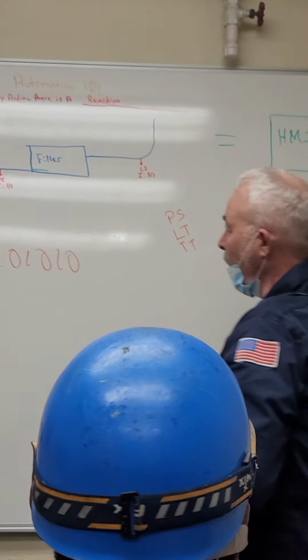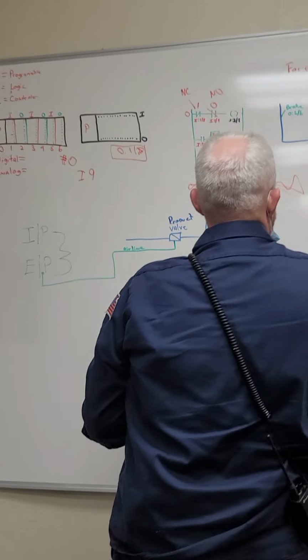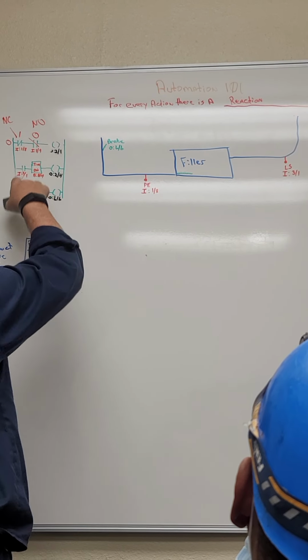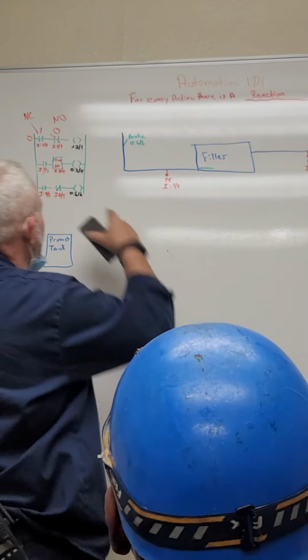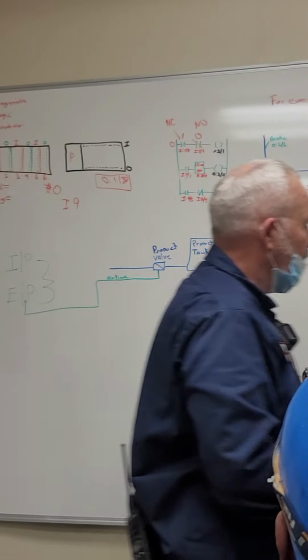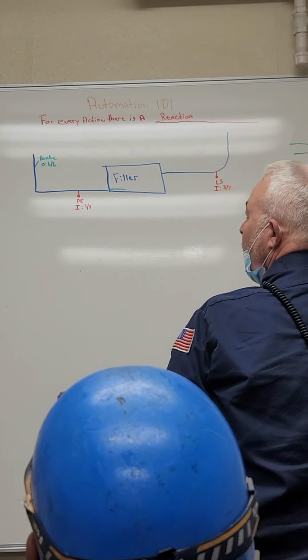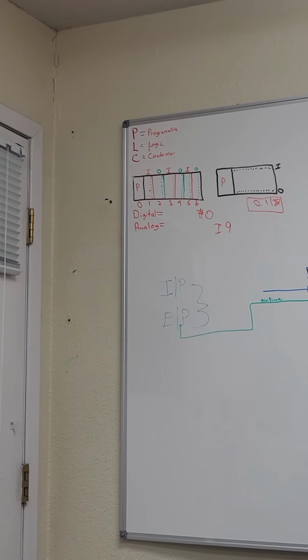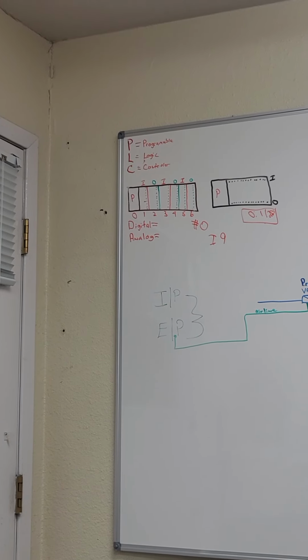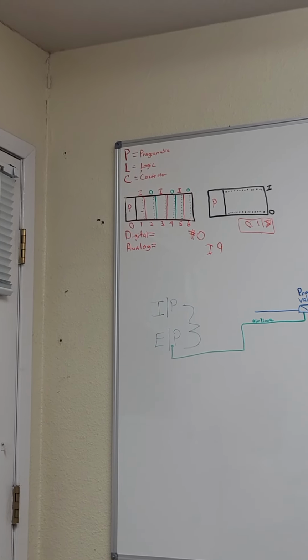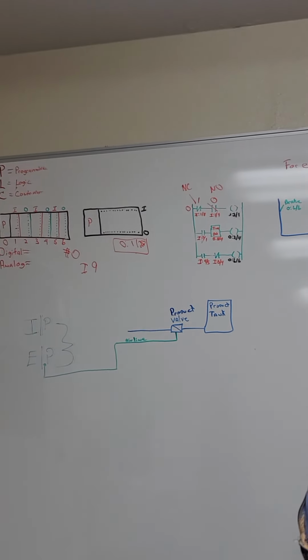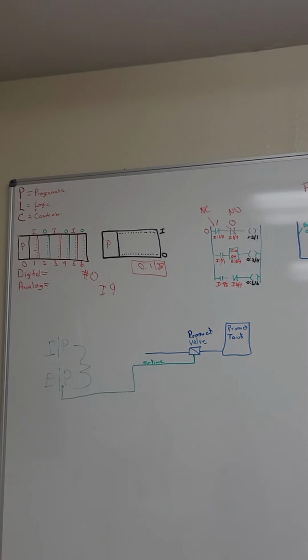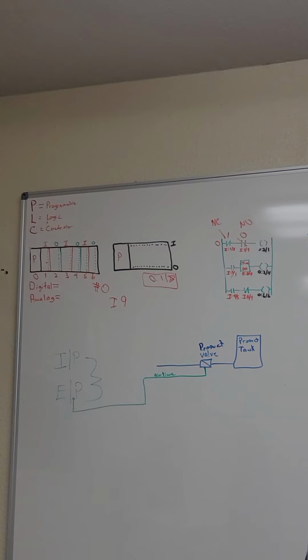Okay? So, let's put this to life. We have input 1.8, which is a photo eye, right? This photo eye has to be closed in order for what?